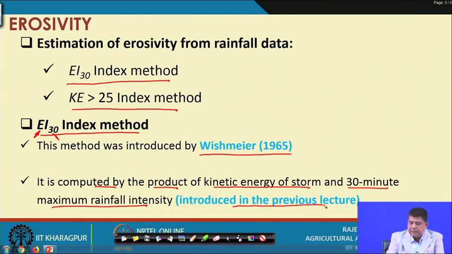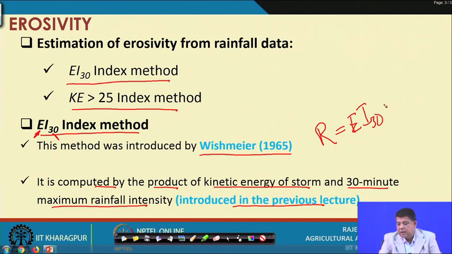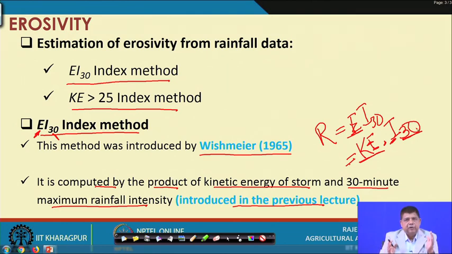We introduced this in the previous lecture also, when we discussed R, we said R is EI 30, or K E times I 30. So E or KE is the kinetic energy and I is the rainfall intensity. Suffix 30 represents the 30-minute duration during the storm where the rainfall intensity is maximum, so it is defined as the 30-minute maximum rainfall intensity.